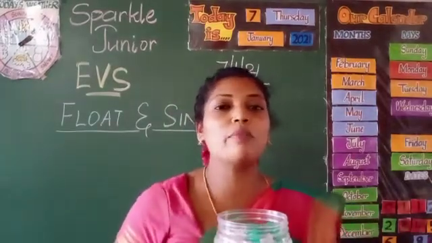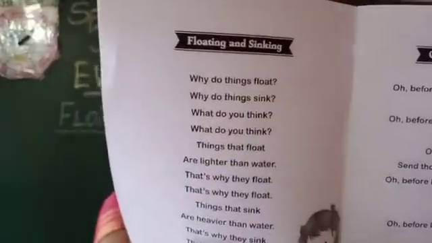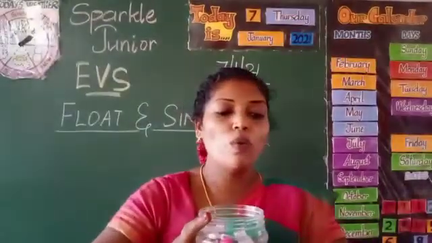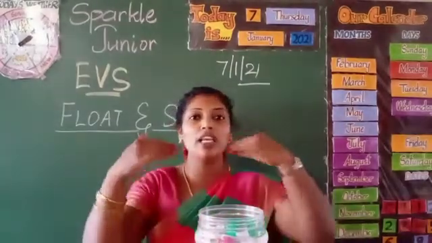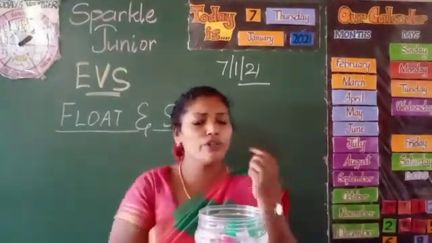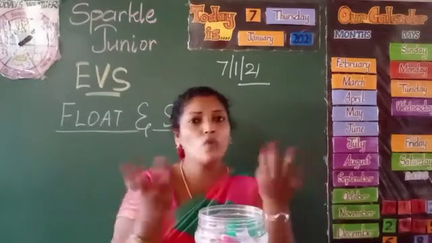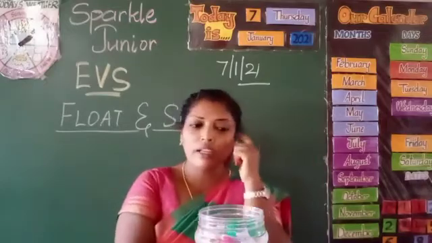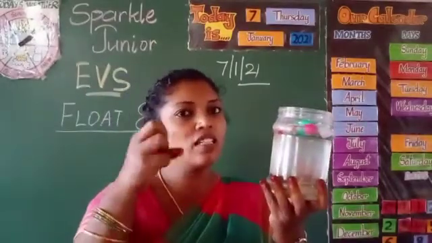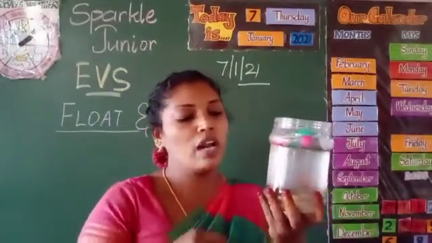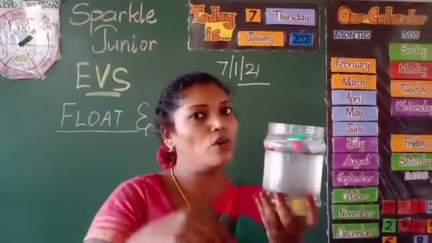Okay, let's sing the rhyme, and this rhyme is Floating and Sinking. It is in your rhyme book. Why do things float? What do you think? That's why they float.